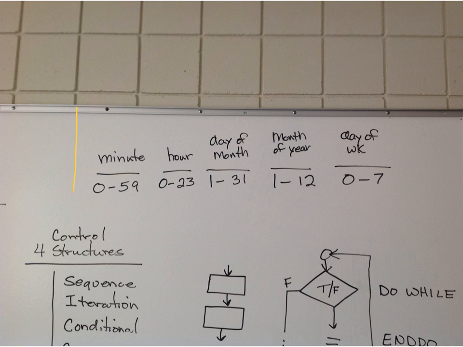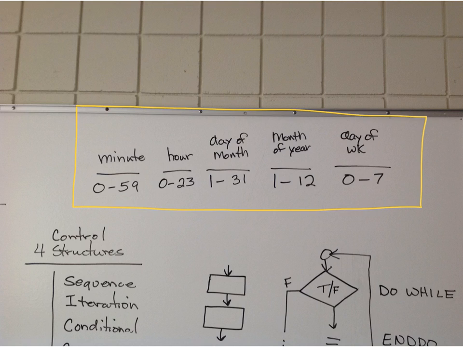Now, another way to do this is with a crontab. So that would look like this. You can type in crontab -l, and that'll give you a listing of your crontab, unless it's blank.